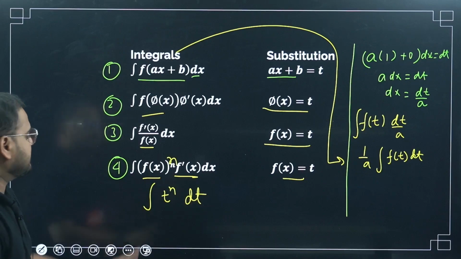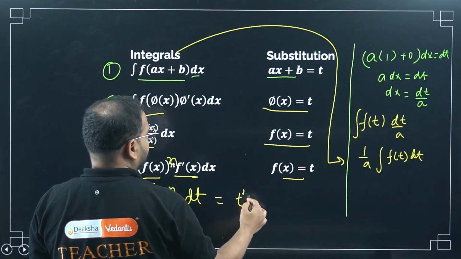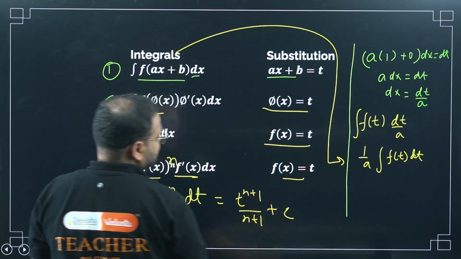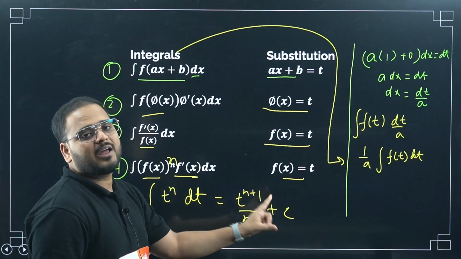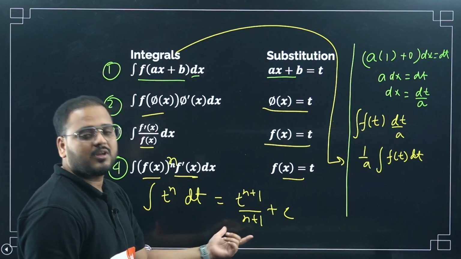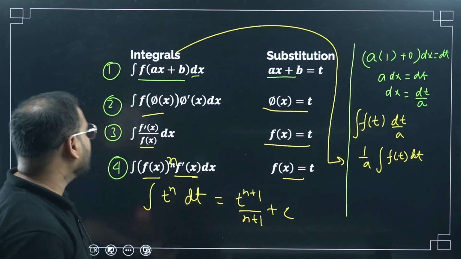Simple to solve, right? Simply, what are you going to get as the answer? t power n plus 1 upon n plus 1, plus c. Then you can substitute back: f of x power n plus 1 upon n plus 1. So after doing this substitution, the problem statement becomes simpler and easier for us to solve.